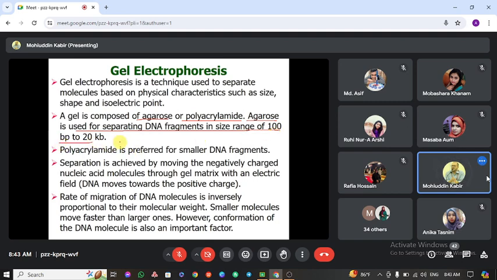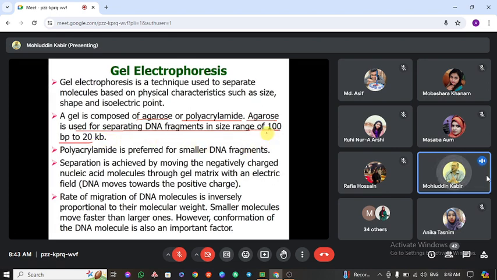Above 20,000 bp, we need to use a different technique. It is called pulse field gel electrophoresis. In our lab, we have that pulse field gel electrophoresis. That is for DNA fragments above 20 kb.